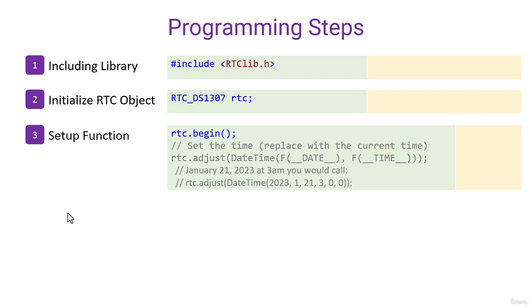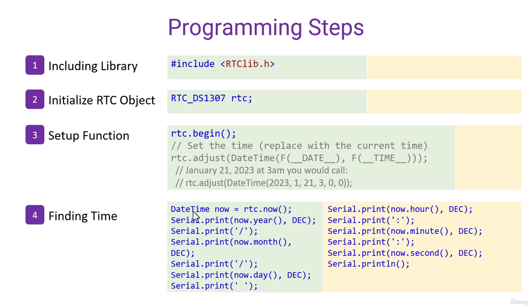Now let's say you want to find out the time. The function for that is DateTime now. This is a variable now. Then rtc.now. So rtc.now will store the exact timing for that moment into the now variable.